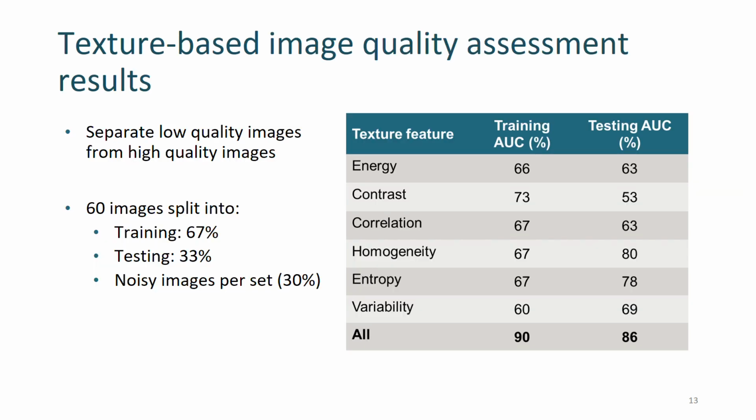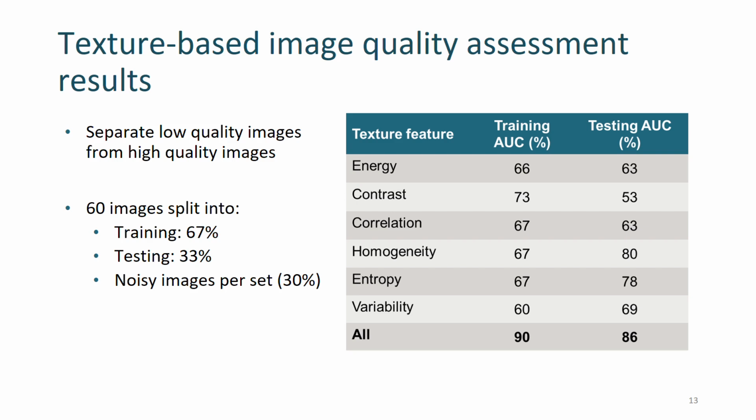We tested whether our texture analysis framework could discern between low and high quality images. For that, we split our dataset into 67% for training and 33% for testing, while maintaining the proportion of noisy images in both datasets. In this particular case, it was 30%.